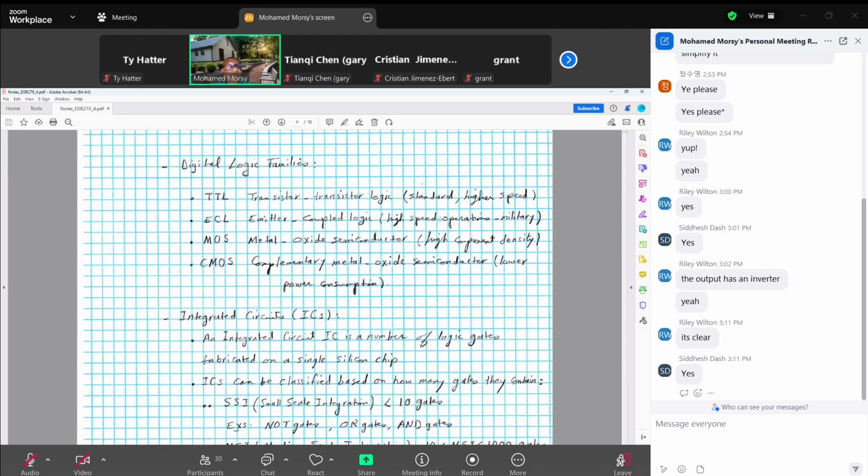This family is like a standard family, and it has high speed. The operating or processing of these gates is fast.